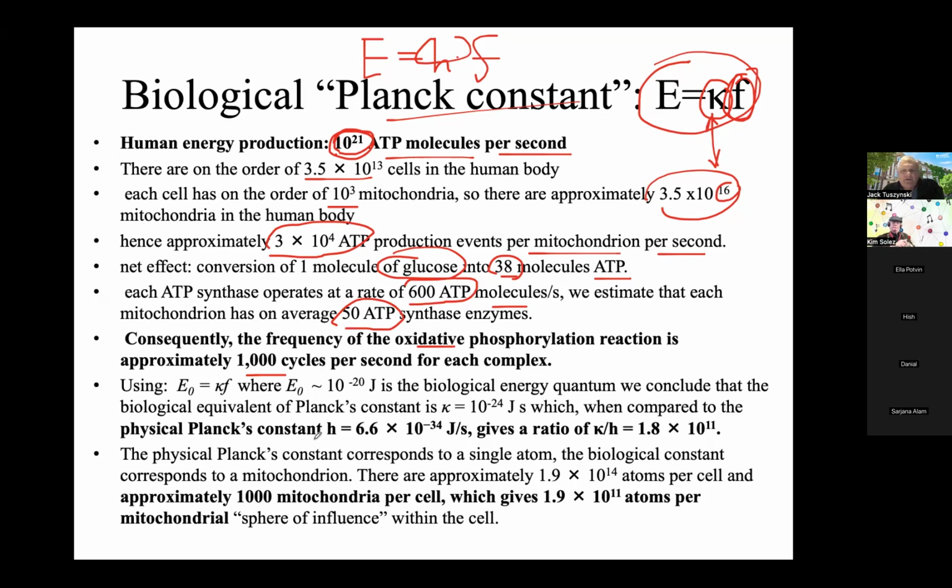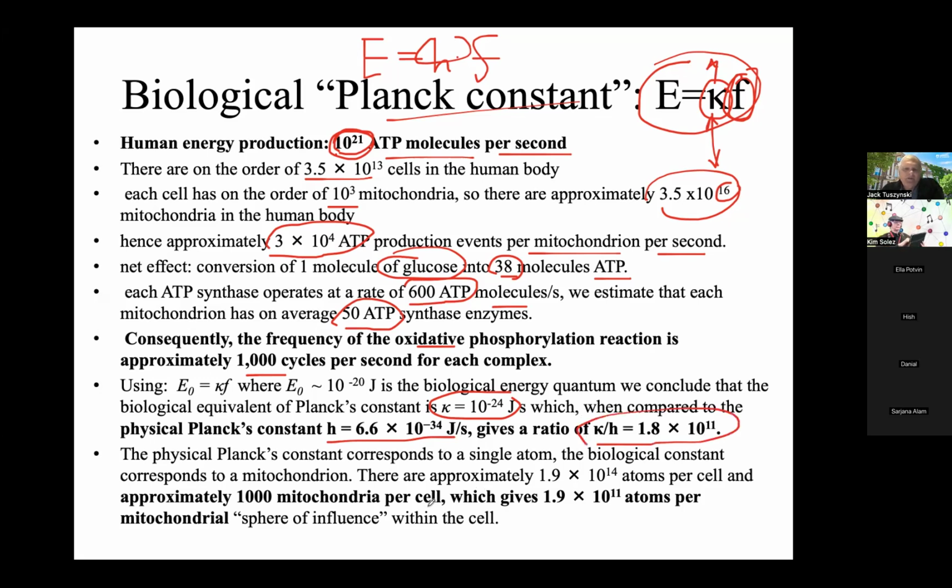So if you do all this calculation, you obtain something like, for this kappa, the biological Planck constant, 10 to the minus 24th joules. This is the physical Planck constant. So they're off by about 11 orders of magnitude. This is the ratio, 1.8 times 10 to the 11th.